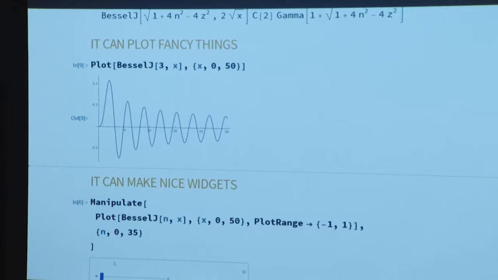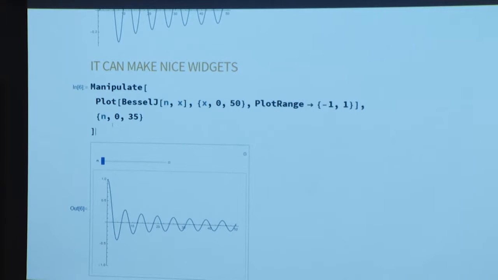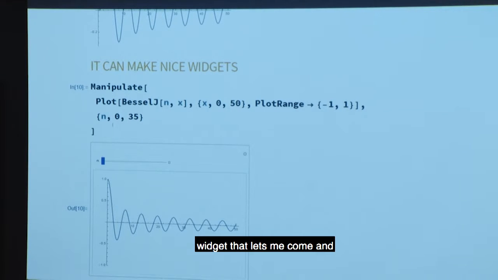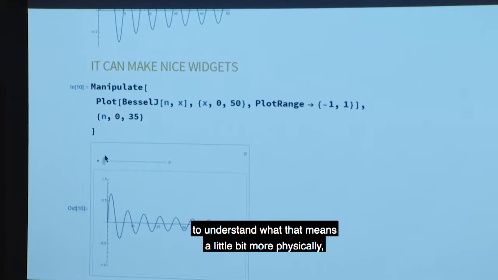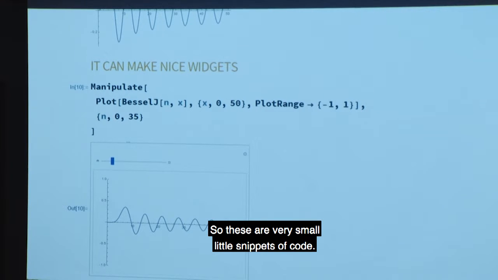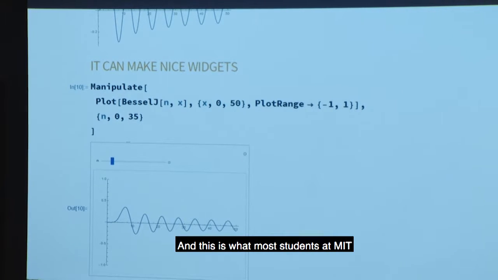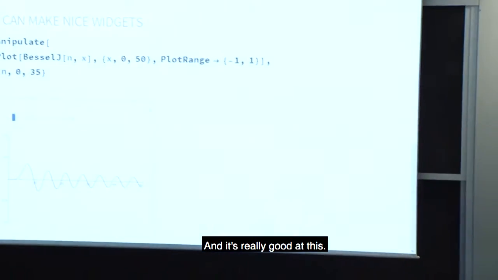And I can even make a funny little widget that lets me interactively change the order of my Bessel function to understand what that means a little bit more physically, a little bit more intuitively. So these are very small little snippets of code, and this is what most students at MIT will have used Mathematica for. And it's really good at this.